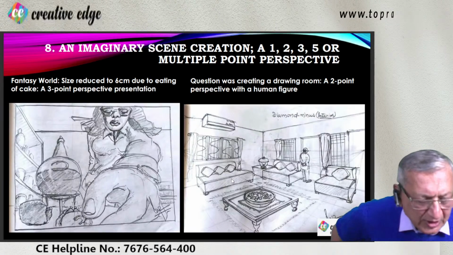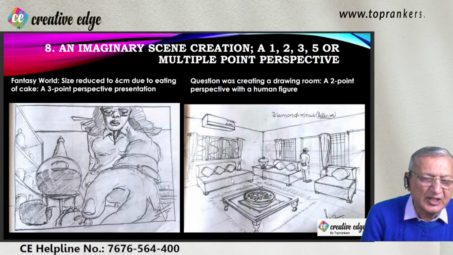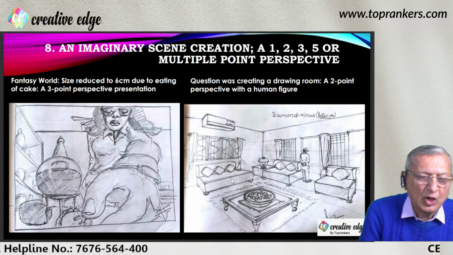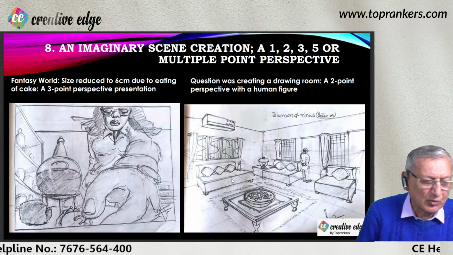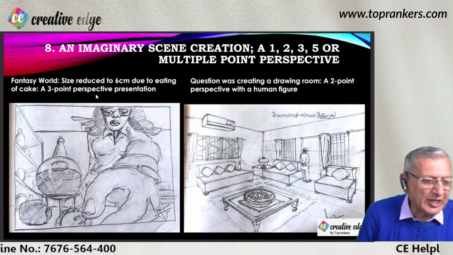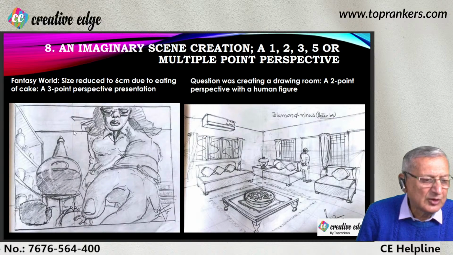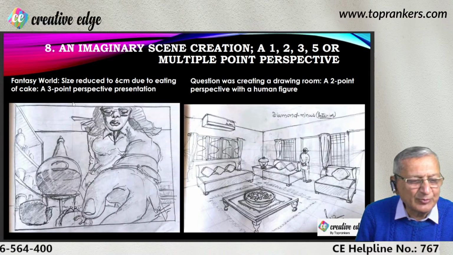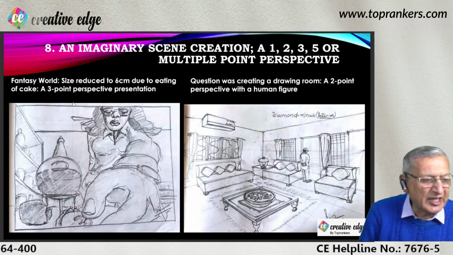Very important part of preparation is imaginary scene creation, with 1, 2, 3, or 5 point or multiple point perspective. Take a variety of questions, like one I have noted down here: a fantasy world, size reduced to 6 centimeters due to eating some scientific cake.